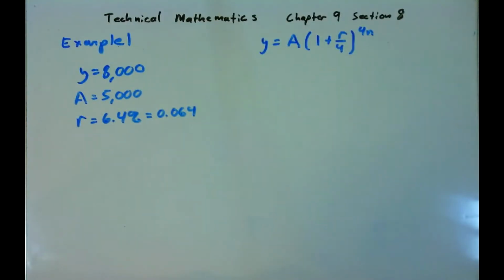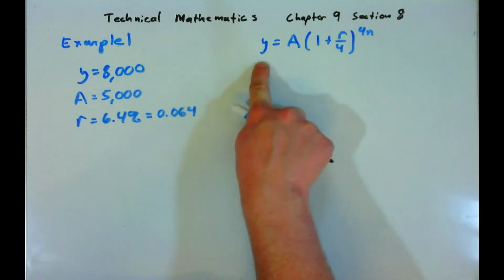This is example 1. It says, how long will it take $5,000 compounded quarterly at 6.4% to accrue to $8,000? So we're going to invest $5,000, and we're going to earn 6.4% interest, and we want to know how long does it take, in other words the time, how much time does it take for our investment to accrue to $8,000.